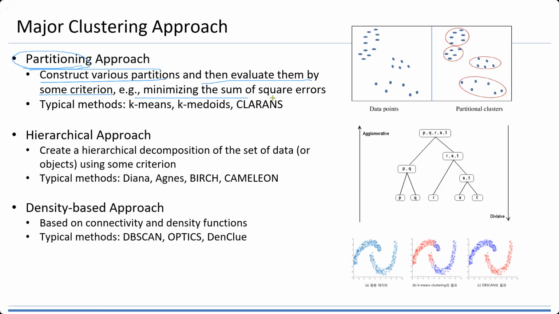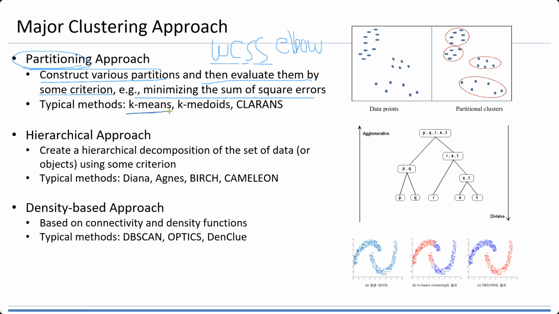We already looked at the minimum of the sum of square errors, the WCSS, within cluster sum of square. We evaluate if the value is the lowest or at the elbow, then it will be the best k.